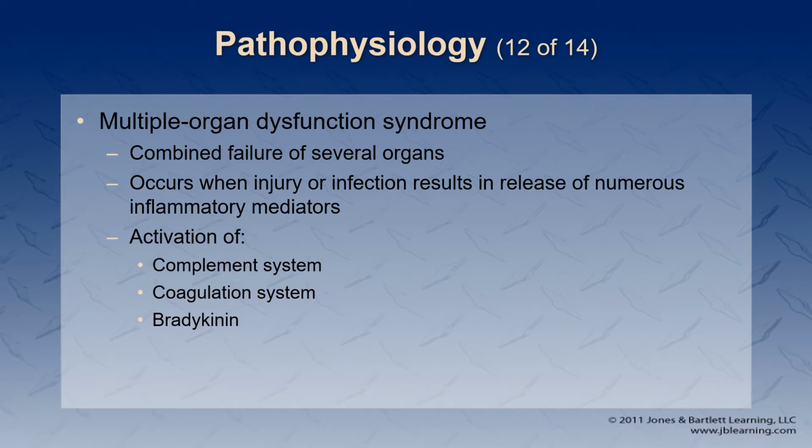So you'll hear multi-organ dysfunction syndrome. Sometimes you'll see just MODS. Some services, some protocols will ask you to calculate a MOD score, a multi-organ dysfunction score for your patient. We're not going to go into that right now, but just be aware that there are different scales for scoring this, and some systems want you to do that and make it part of your report.